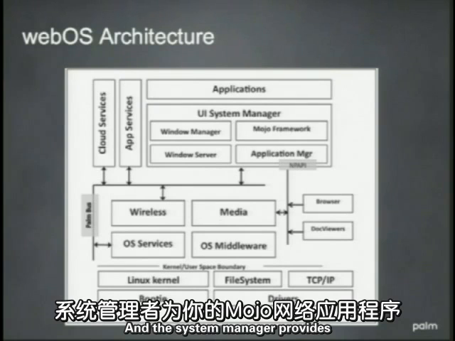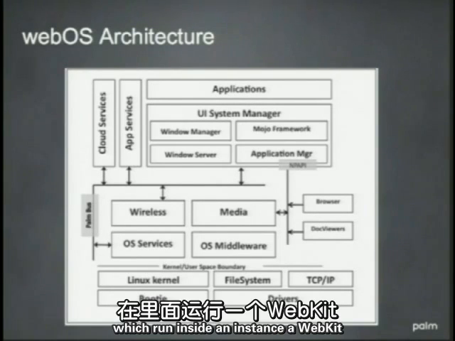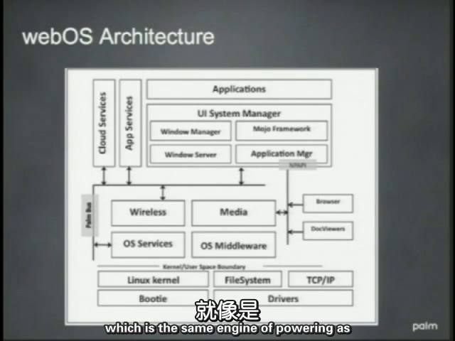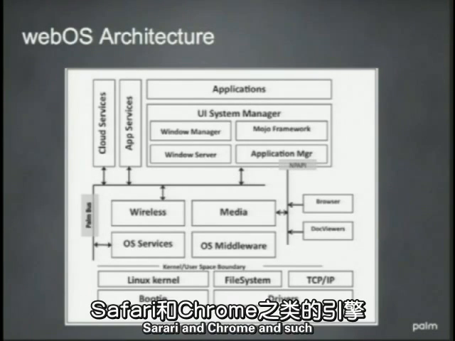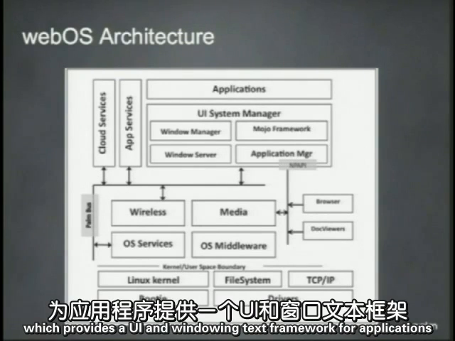The system manager provides a runtime environment for our Mojo web applications, which run inside an instance of WebKit, which is the same engine that's powering Safari and Chrome and such. It also hosts our Mojo framework, which provides a UI and windowing framework for applications.